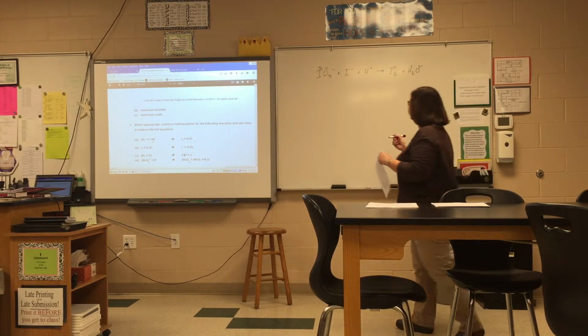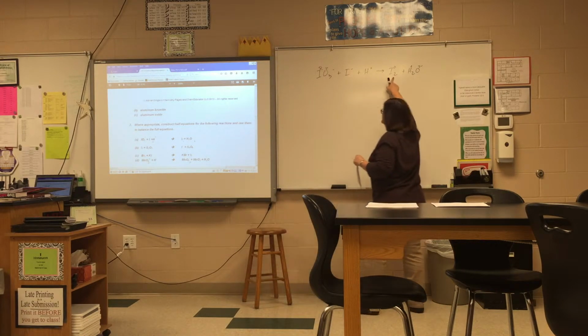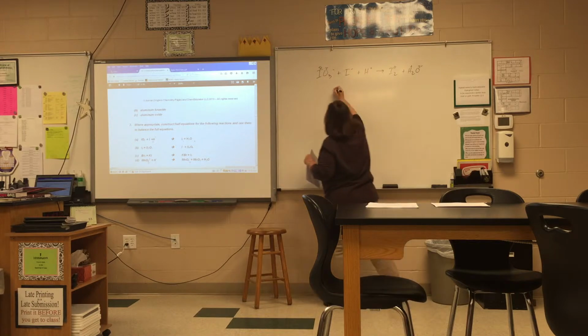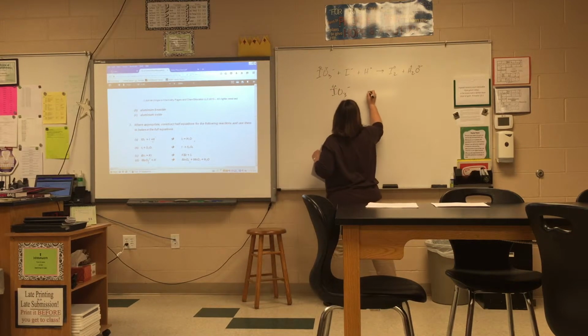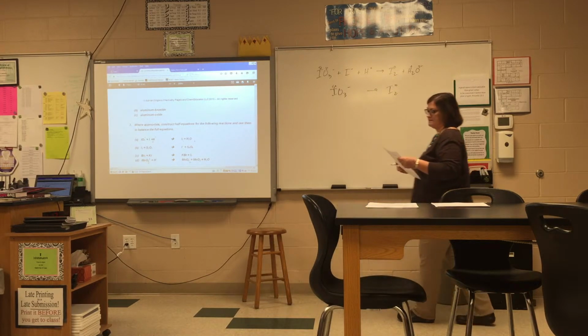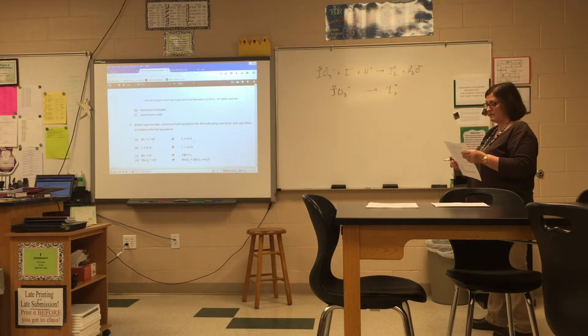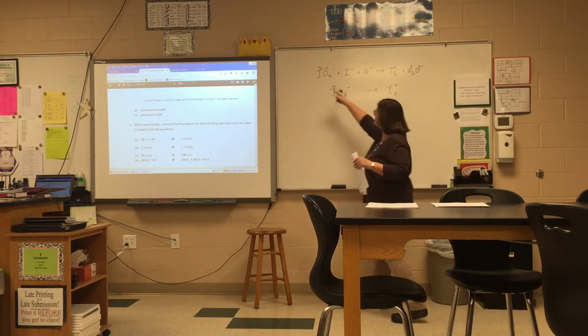Now, I'm going to write my half reactions. This I went from 5 plus to 0. So I'm going to write IO3 minus, I'm going to put a little 5 plus right here, yields I2 0. How do you know it was the iodine? Well, because I'm looking for what changed.